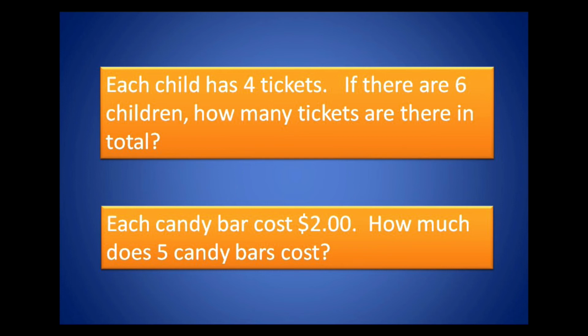And here's the key word you're seeing here: each. How many candy bars are we looking at? 5. And each one costs $2. So you're looking at 5 times $2, and that's how you would solve your problem. So that's 2 examples of multiplication that you need to be able to solve, okay?